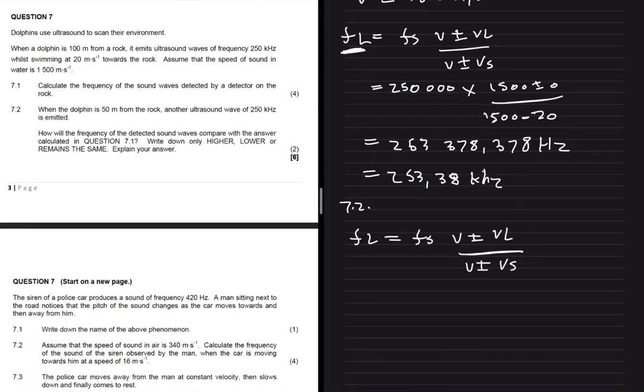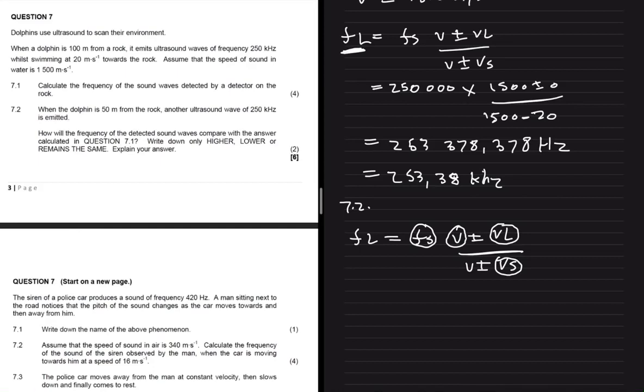What are the variables that affect the frequency detected? It is the frequency emitted, the velocity of the sound in that medium, the velocity of the listener, and the velocity of the sound source. The distance between the two has no effect as far as this formula is concerned.